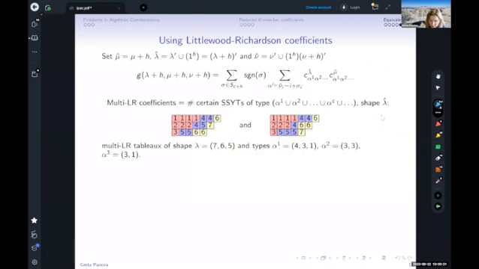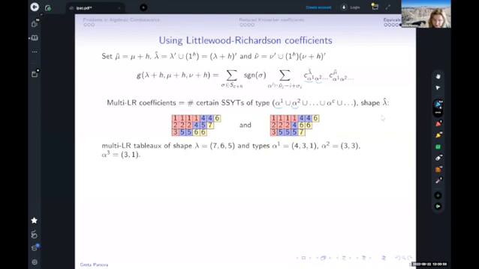Here is what the multi-Littlewood-Richardson coefficients look like. It's basically a nesting of Littlewood-Richardson tableaux of the corresponding types, one into the other. There we have a bunch of types, these are the different colors, and I put different numbers inside to distinguish.